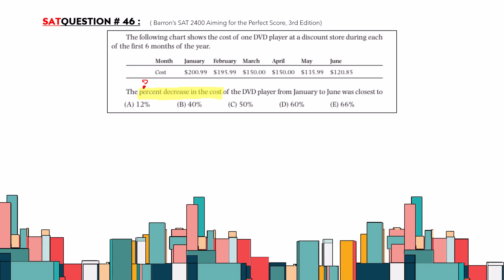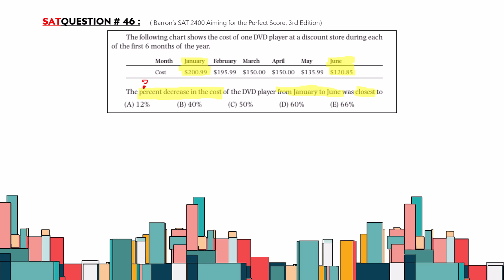Another keyword is from January to June. So it starts in January, that is the initial amount, and then the final amount is in June. And what "closest" means is you can use estimation.